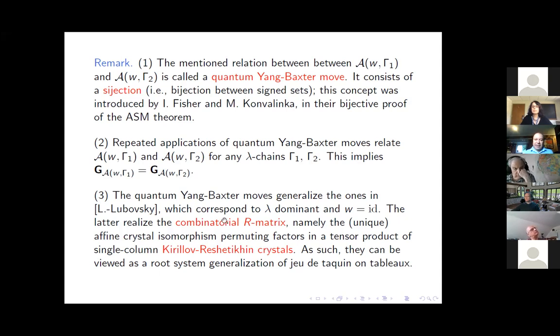So in some sense, these moves that I described here are root system analogs, uniform analogs, of jeu de taquin on tableaus. And here we generalize this even more, because now we can do this for arbitrary lambda and any element W. In the previous special case, we actually get bijections, but here we actually get sign-jections.